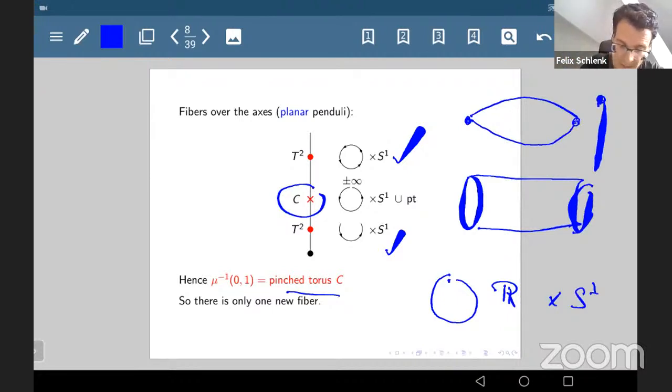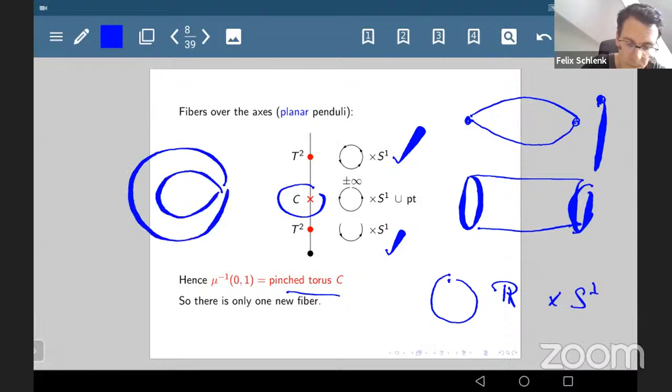So this compactified cylinder is exactly such a pinch torus, right? And this is the singular fiber over this point 0,1. And this was found by Hans Duistermaat in '84, long ago. Well, it was probably found before, but he analyzed monodromy too, which will be very important.